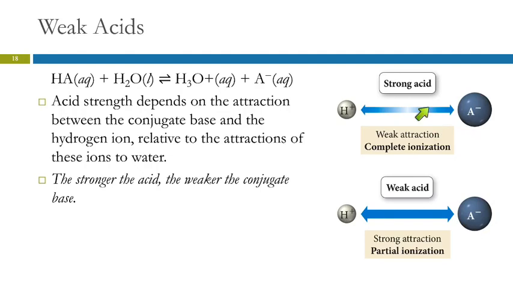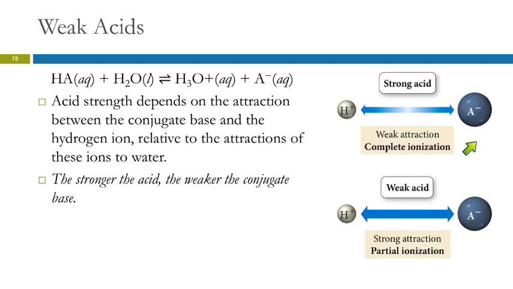They would prefer to be with water. So this will form hydronium ions, and this anion is also interacting with the water molecules. That's that ion dipole force where the water molecules come around anions or cations and solvate them. And so these guys would prefer to be apart in a strong acid.